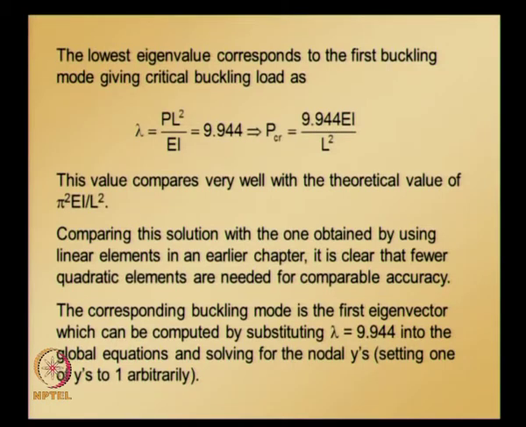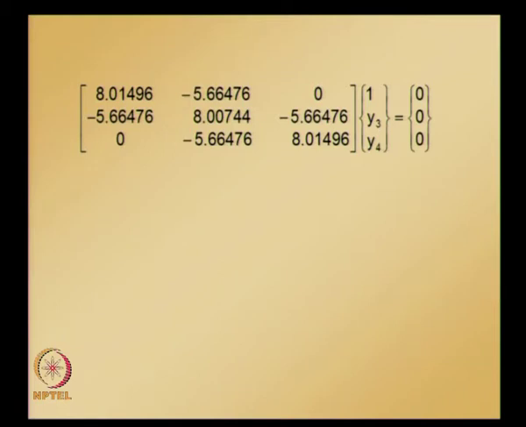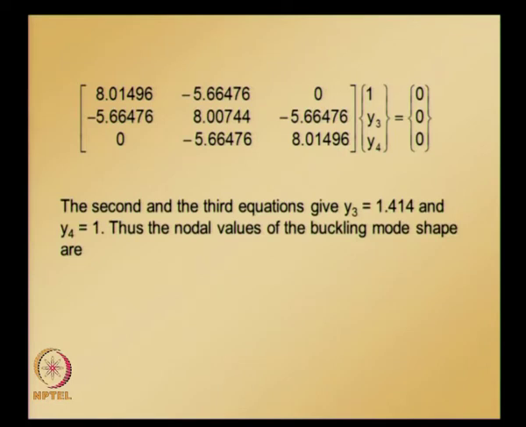When we are solving for eigenvectors, we need to arbitrarily set one of the y values to 1 and solve for the other values, similar to the way we did when we solved the same problem using linear elements. So, following the same procedure, setting y2 is equal to 1 and solving for y3 and y4, we get the buckling mode shape.